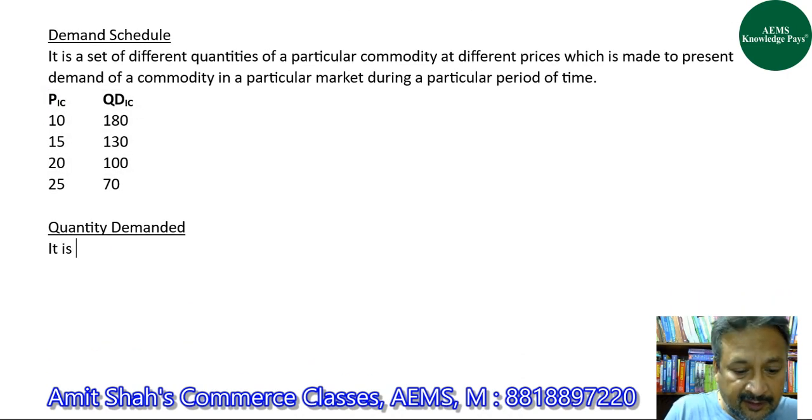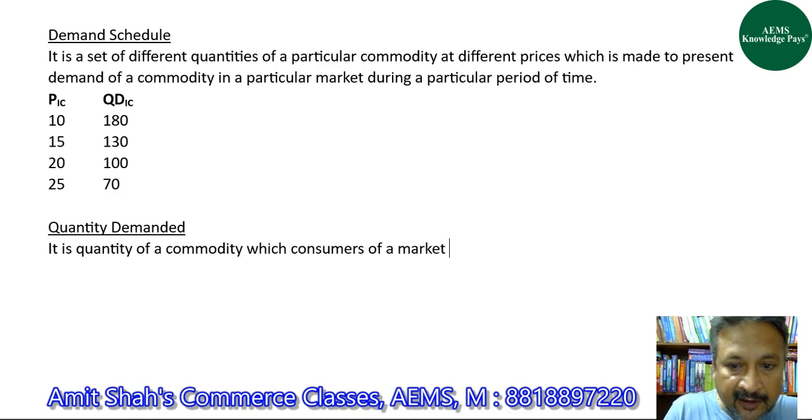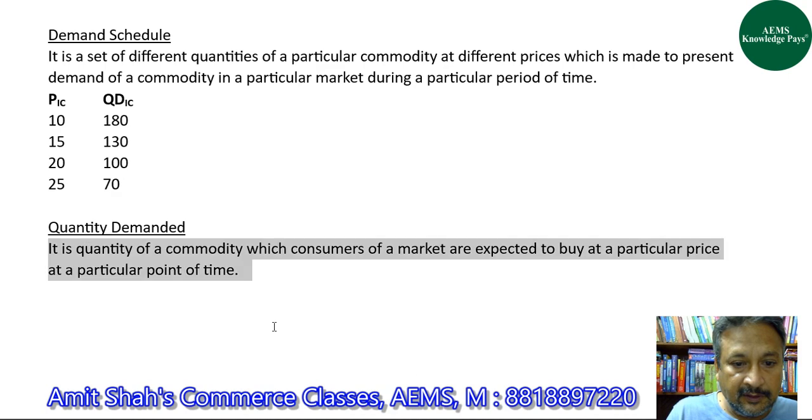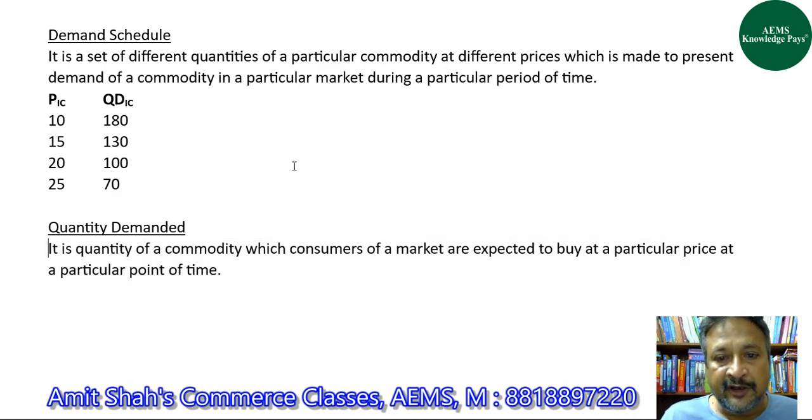So it is the quantity of a commodity which consumers of a market are expected to buy at a particular price at a particular point of time. So I think now you have understood demand and quantity demanded.